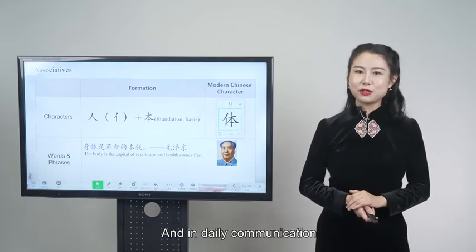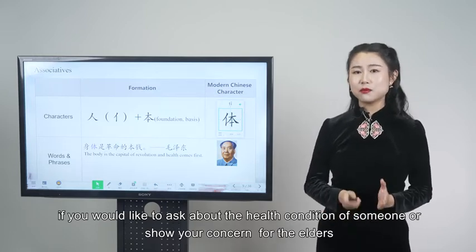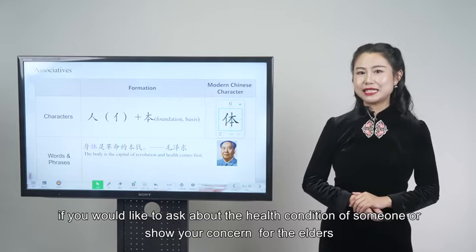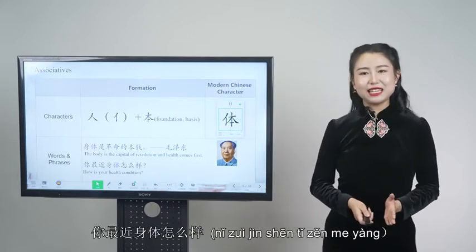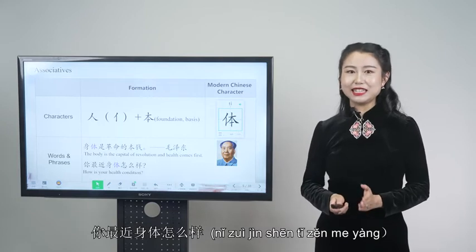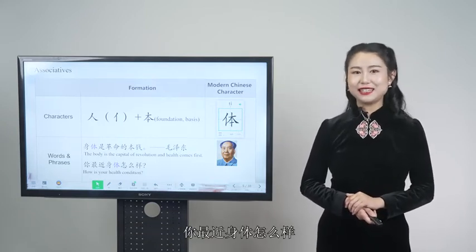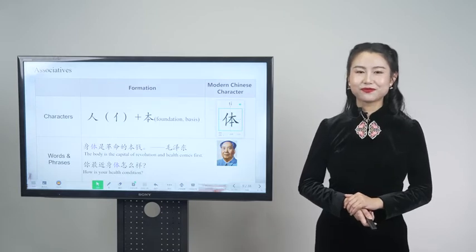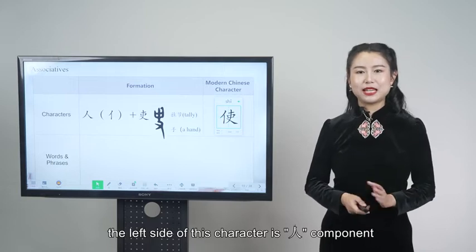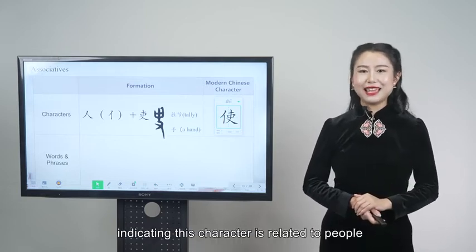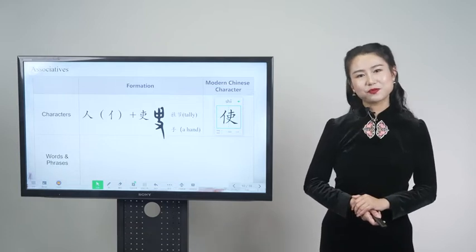And in daily communication, if you would like to ask about the health condition of someone or show your concern for the elders, you could ask, 你最近身体怎么样？ The character 使: the left side is the 人 component, indicating this character is related to people.